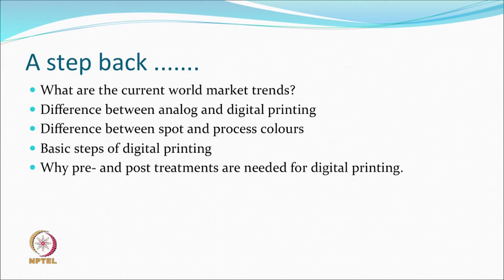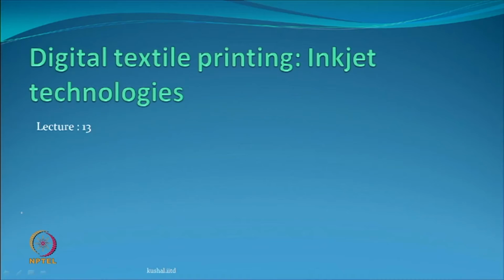Difference between the spot colors and the process colors, and some of the very basic steps which are used in digital printing. And we realize that for various reasons we may require pre and post treatments in this digital printing method also, because the chemistry of the fiber and the chemistry of the dyes have to be matched.